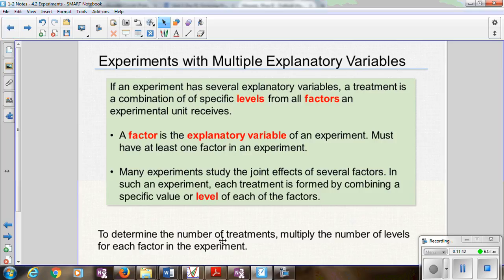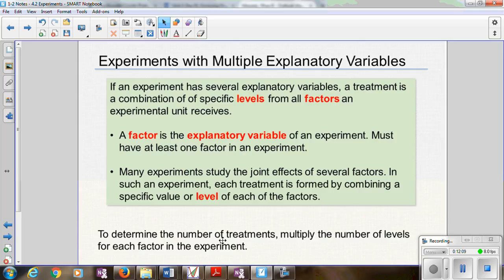And then basically to determine the number of treatments, you're going to multiply the number of levels for each of the factors in an experiment. Let me give you another example where there might be two explanatory variables. Let's say I'm looking at exercise and a supplement. With exercise, I might be looking at individuals who exercise 30 minutes every single day.